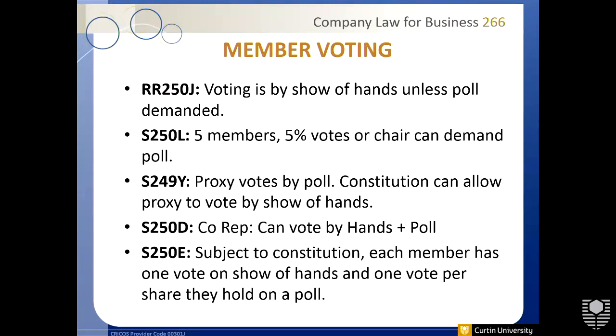The Constitution can allow a proxy to vote by show of hands. 250D, a company representative can vote by hands and poll. Subject to the Constitution, each member has 1 vote on show of hands or poll. Has this been examined before? I've never seen it in any of the assessments, but you never know.